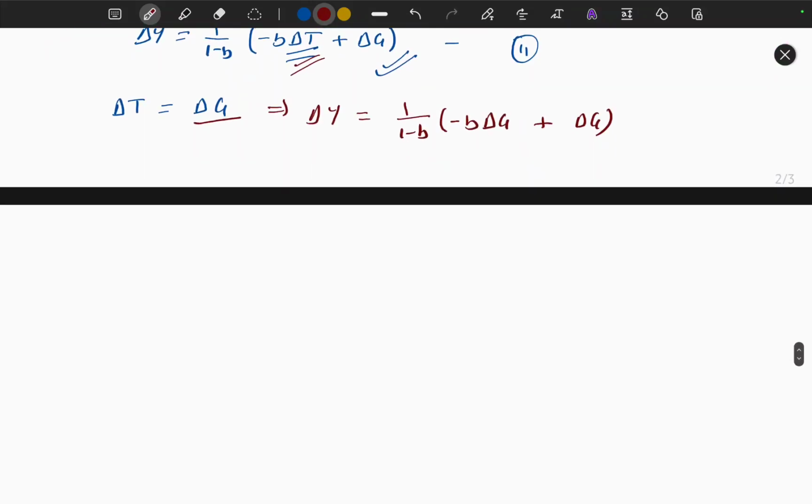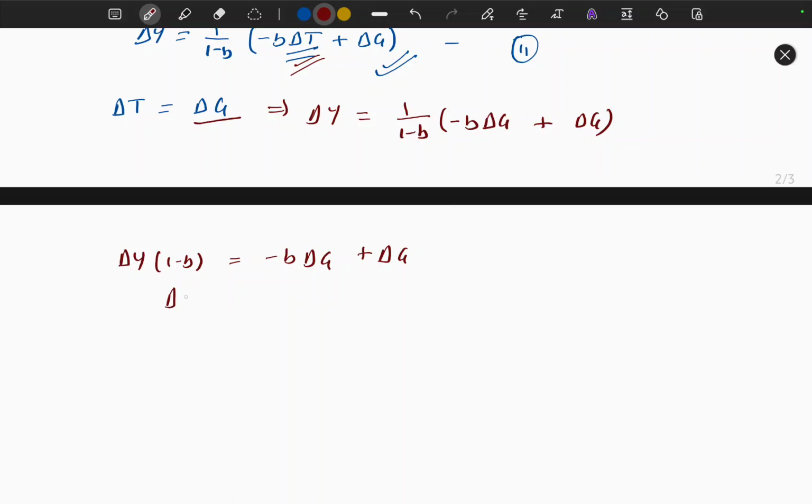I will just rearrange this equation, bringing 1 minus b to the other side. So delta y times (1 minus b) is equal to minus b delta g plus delta g.